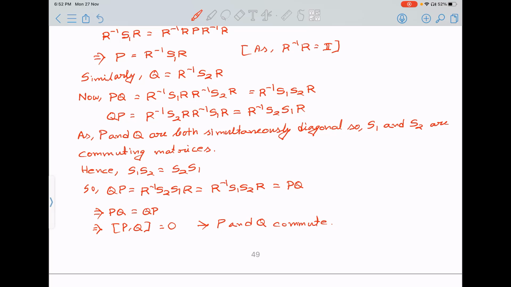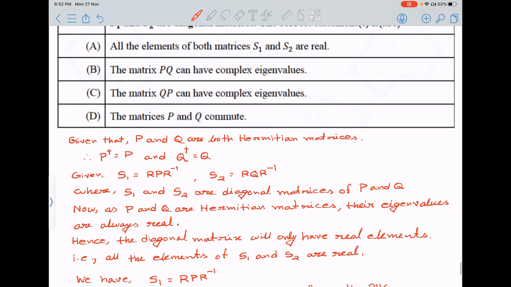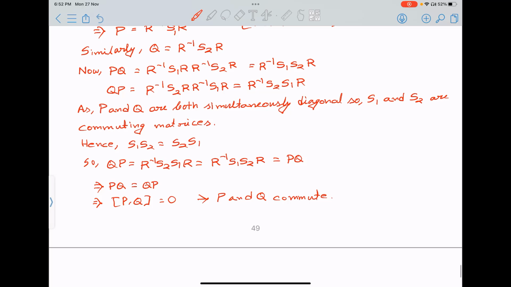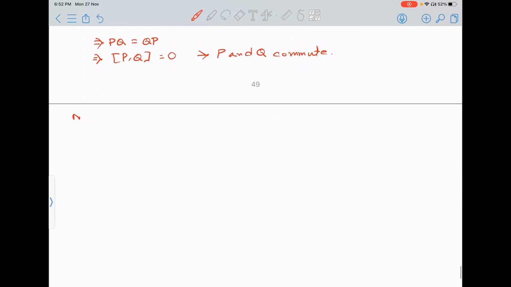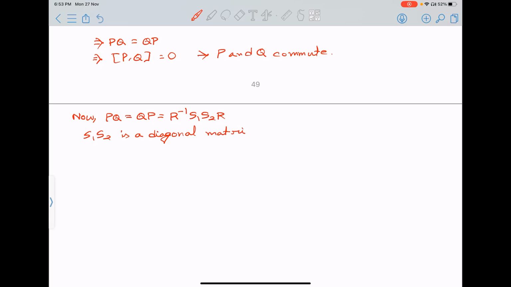Now we have checked two of the options. Now, regarding whether PQ and QP have complex eigenvalues: we have seen that PQ equals QP equals R inverse S1 S2 R, and S1 S2 is a diagonal matrix of PQ and QP.